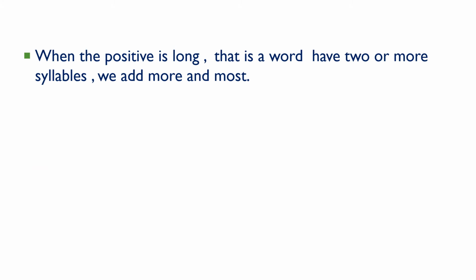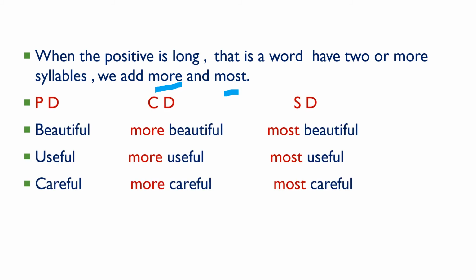When the positive is long, that is, a word that has two or more syllables, we add more and most. For example, positive degree, comparative degree, superlative degree. Beautiful.